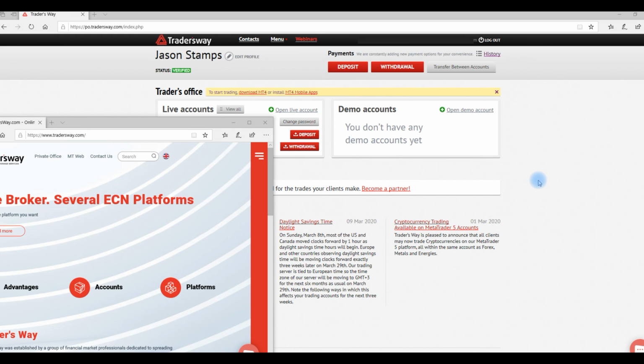So what you want to do is open your demo account. If $500 is a realistic amount for you, then put the $500 in the account. In the demo account, there'll be a box at the bottom that says amount.